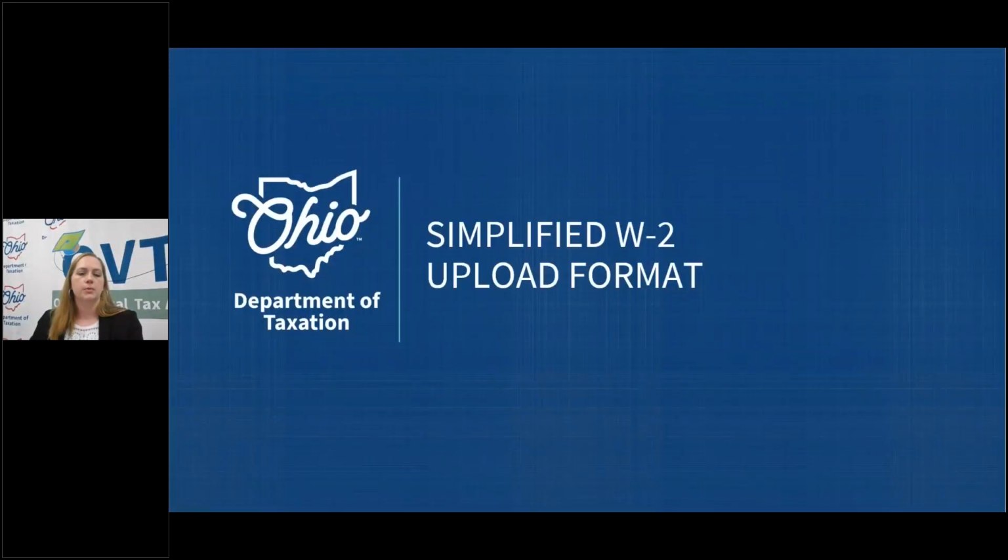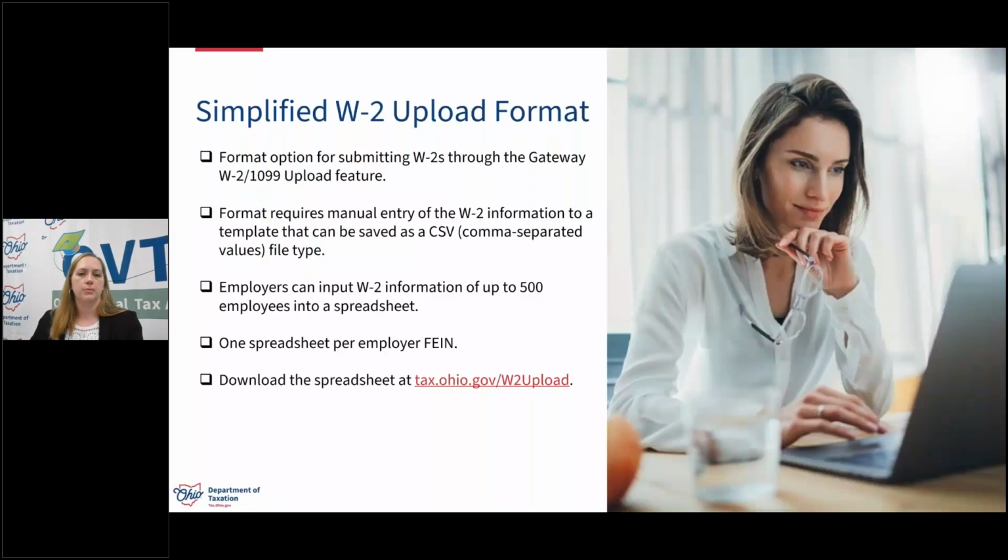Now I'll talk a little bit more about the simplified W-2 upload format. This format option is an additional option to submitting your W-2 information through the Ohio Business Gateway's W-2 1099 upload feature. Again, this does require manual entry of the information to our template and then can be saved as the CSV file type.